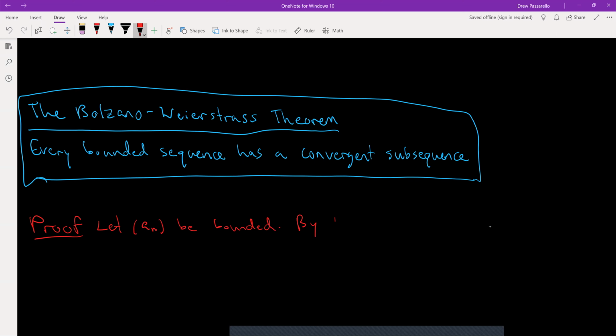So there exists a subsequence a_{n_k} where a_{n_k} is monotone.